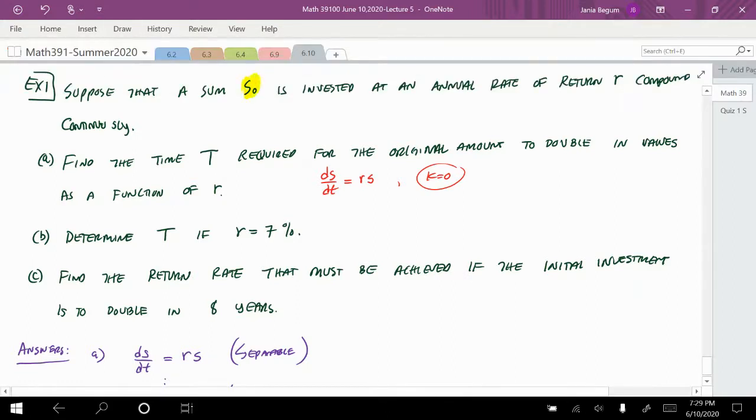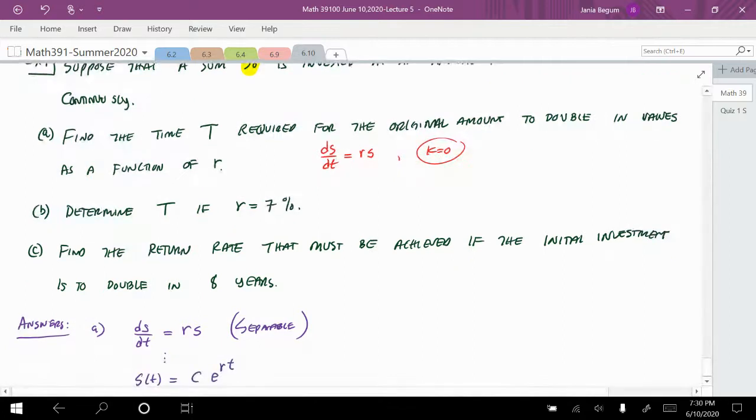So what does s naught represent? Would that be our constant in this case when t is equal to 0? That's right, so when time is 0, right?